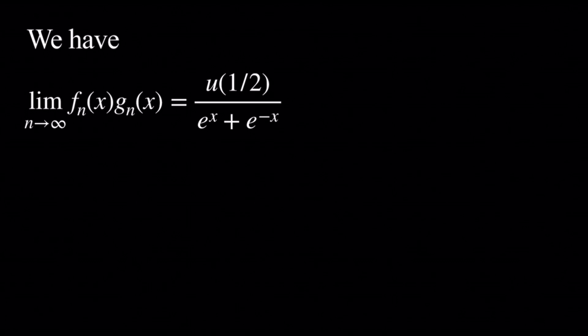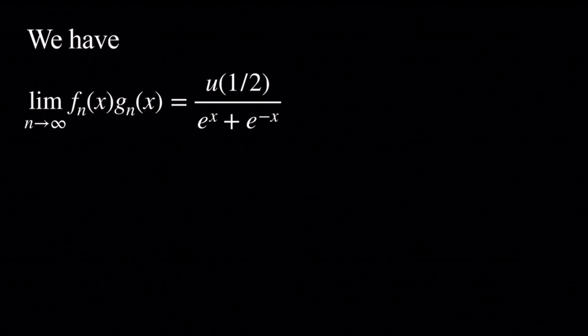And (1 + x/n)^n as n goes to infinity tends to e^x. So we get u(1/2) divided by (e^x + e^(-x)). Now also notice that as n goes to infinity, the characteristic function will converge to the constant function that is equal to 1 everywhere on the real line.